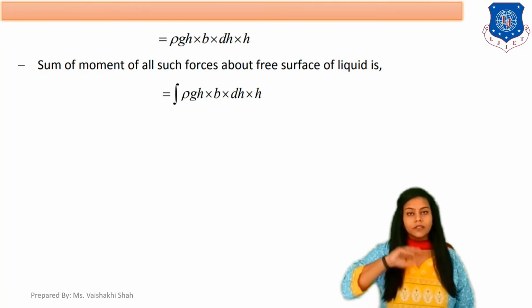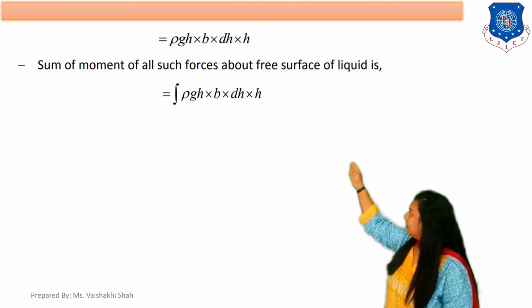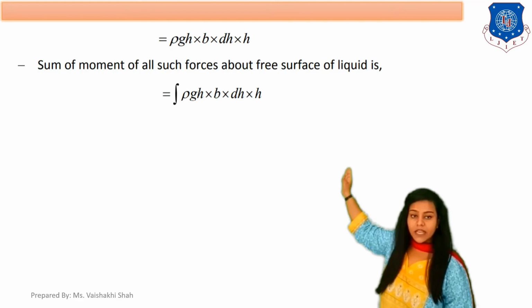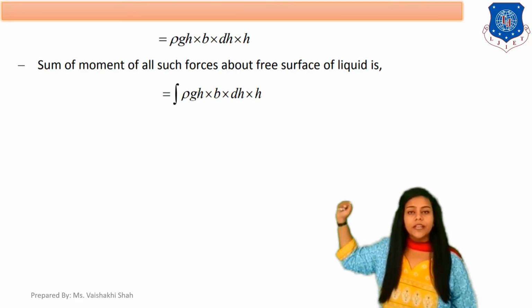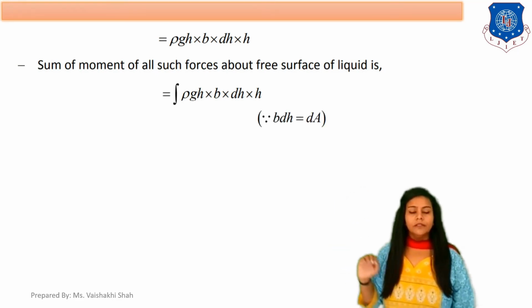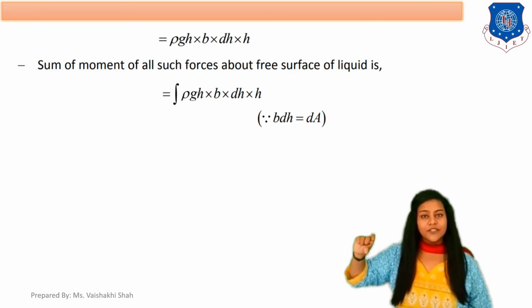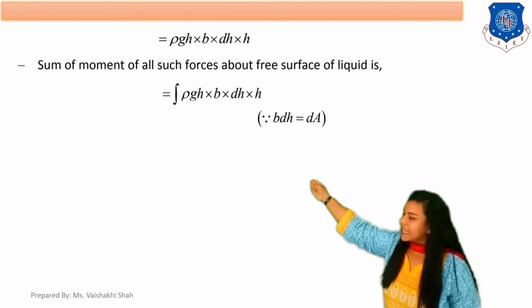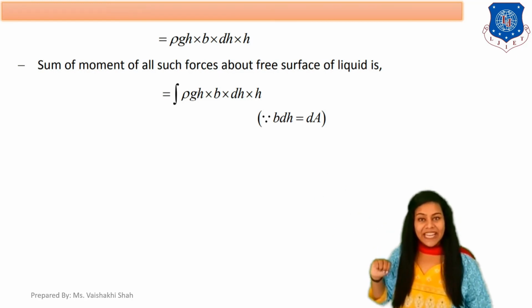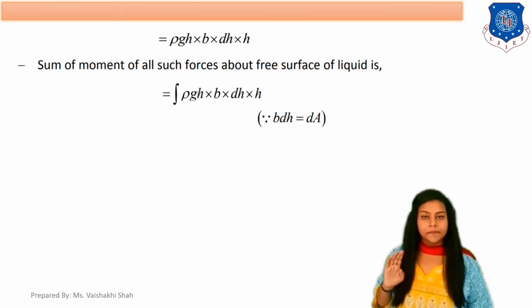So by taking the integration of rho g h into b into dh into h. Here b is the width, dh is the depth, so b into dh is dA, the area of the strip.